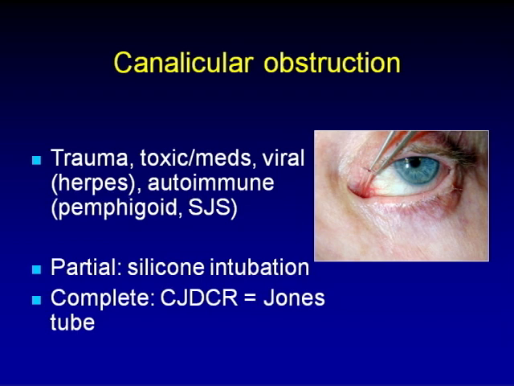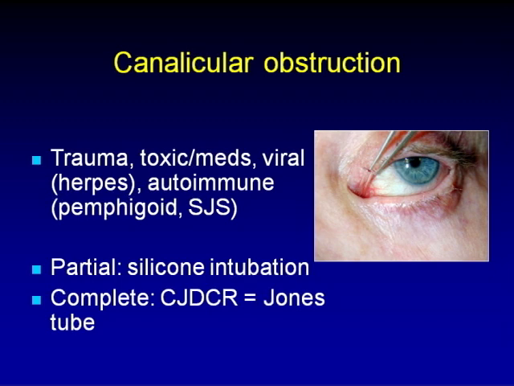The classic medications that your book will tell you are idoxuridine and other chemotherapeutic agents. So when patients come in with obstruction of the canaliculus, I'll ask them questions like, have you ever been on chemotherapy, especially for breast cancers, or are they on glaucoma drops?